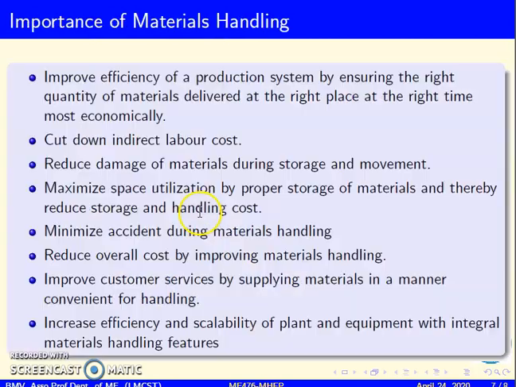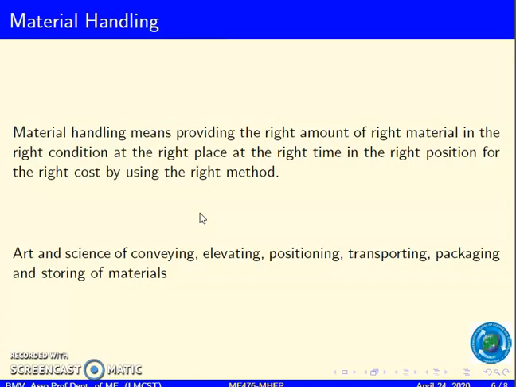Now the objectives of material handling, as we know, the main objective is to reduce the number of handlings as well as the overall cost of material handling equipment, and to reduce the distance through which the materials are handled.